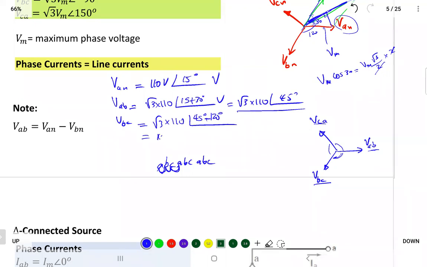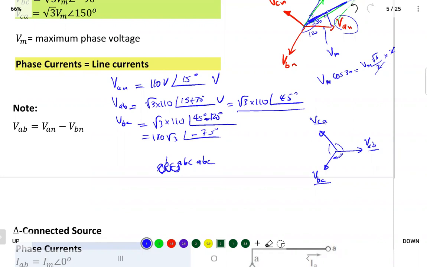So it will be 110 times square root of 3, and the angle is negative 75. And so on, I can find VCA, the same thing. Everything is just behind by 120 degrees. So it's important just to get one, and you can get the rest. Why? Because it's a balanced three-phase system.